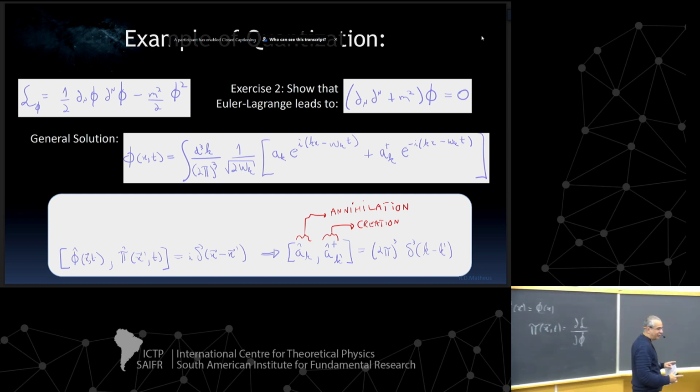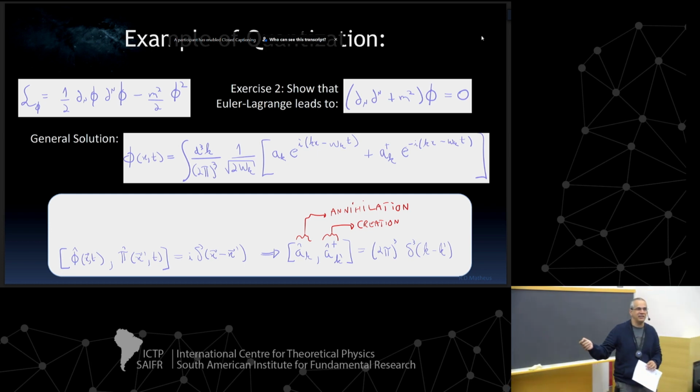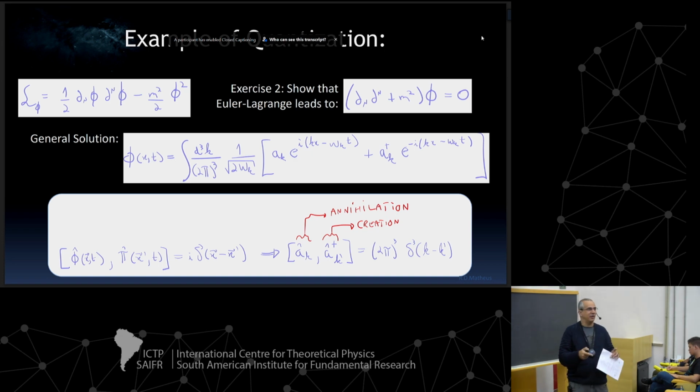My universe is now a small box. This will quantize the momenta inside the box, and this Dirac delta will become a Kronecker delta between momenta. So this is just a really extensive sum of harmonic oscillators. This is the commutation relation for a harmonic oscillator.